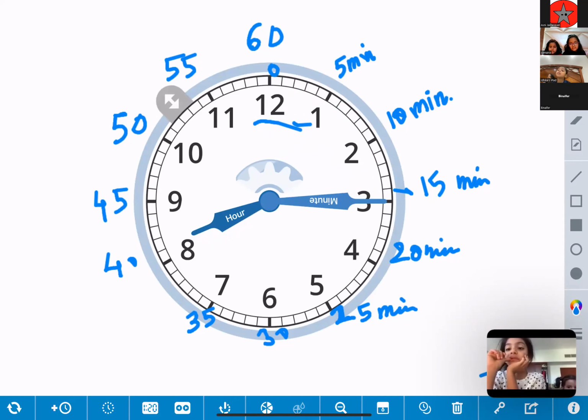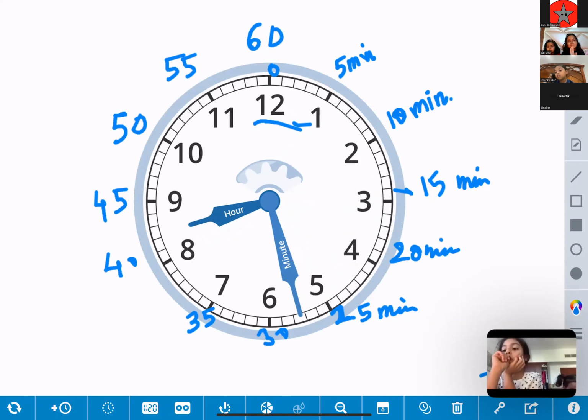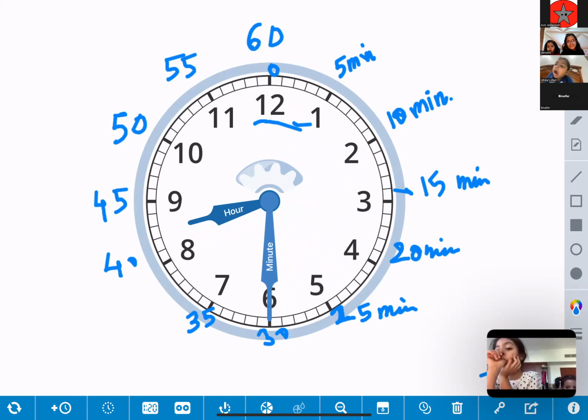Now, if my minute hand is on 3, how much time have I taken? Anahita? 15 minutes. Yes. Now, when I am here at 6, Samaira, how much time have I taken? 30. Now, you know why when the minute hand is at 6, it is known as half past?